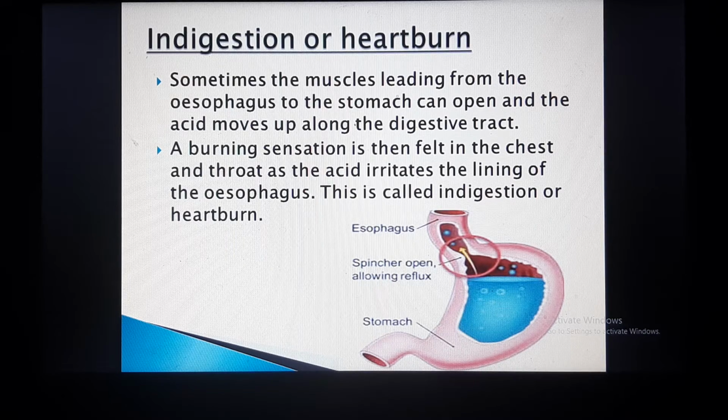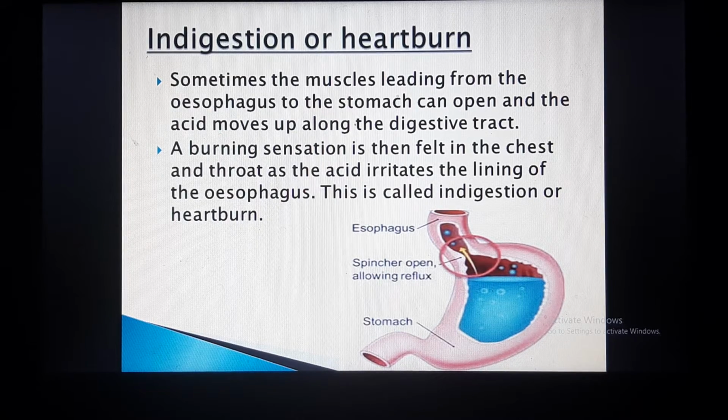In between the esophagus and stomach there are some muscles. Due to the contraction or the reflex actions of these muscles, there is a possibility of some of the acid present in the stomach moving up to the esophagus.